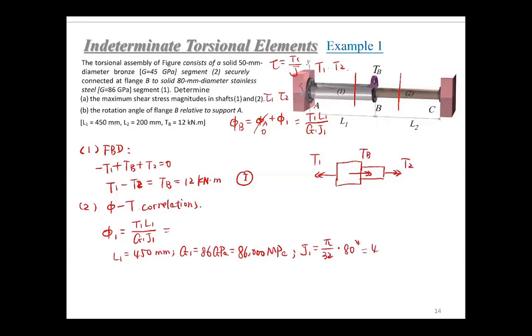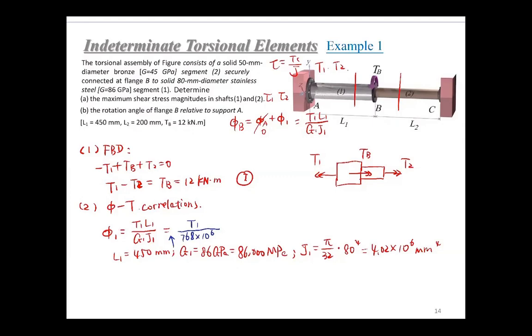You get 4.02 million millimeter to the fourth. Getting these numbers in here, since T1 is unknown, you cannot get a result, you will get an expression: T1 over 768 million.